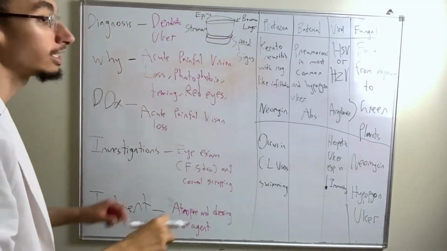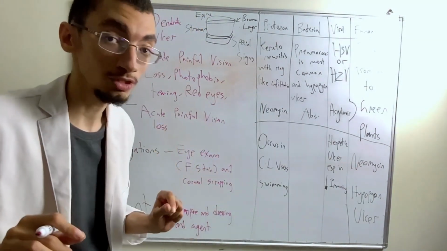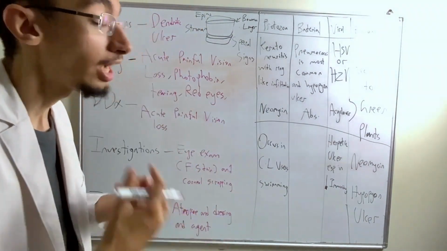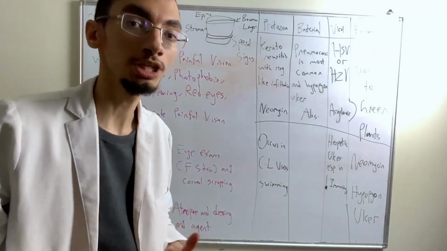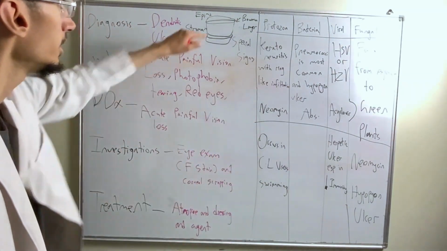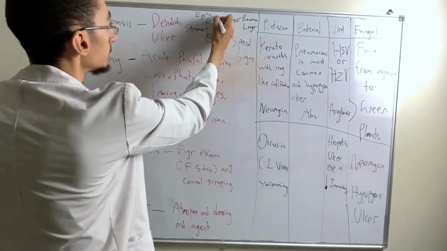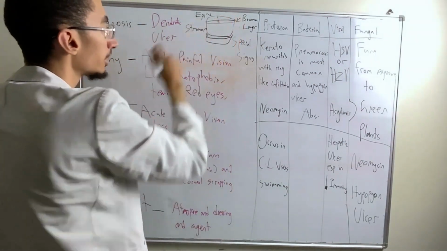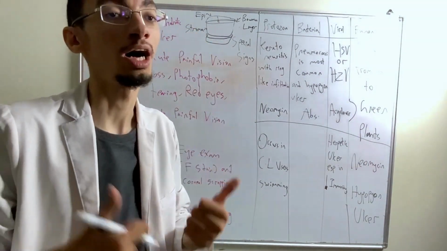The second layer is the Bowman's layer, and this is the layer that never regenerates in a cornea if damaged. And this is a problem, because if the epithelium is damaged, it's fine. It will heal. It will be painful for the patient, but it will heal. But if we have inflammation and it causes an ulcer to this degree in the Bowman's layer, this will never regenerate, and the healing will be done by a scar.